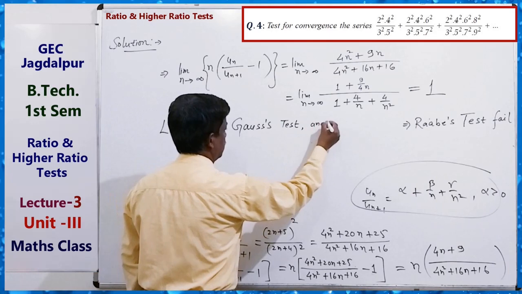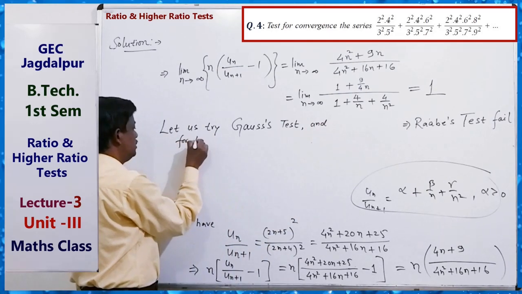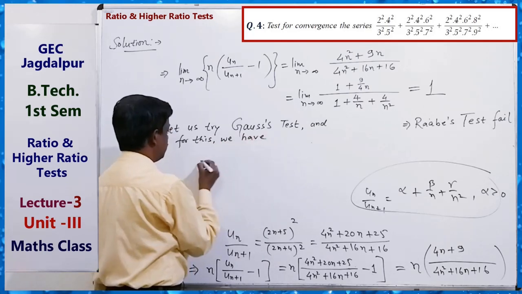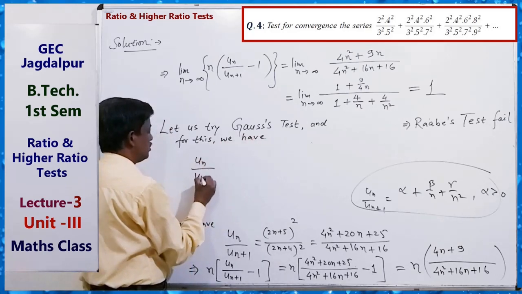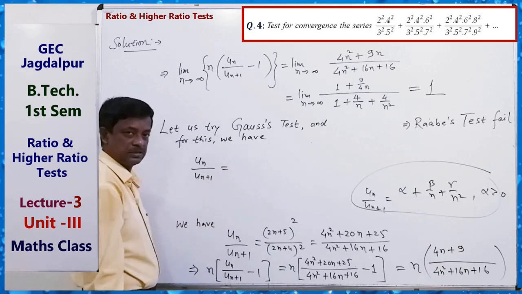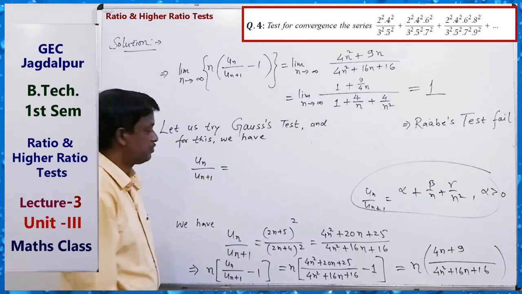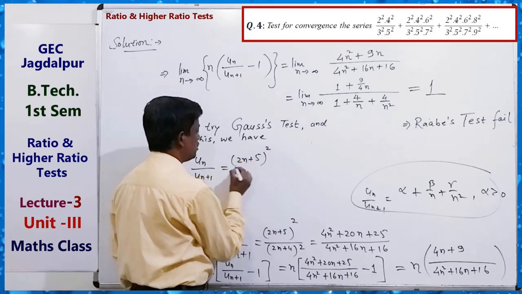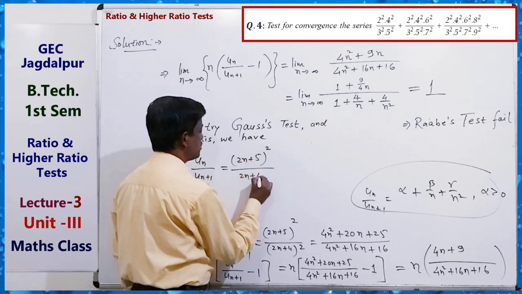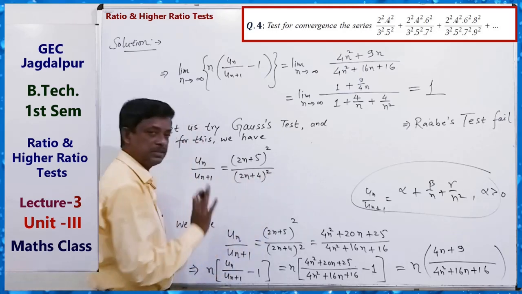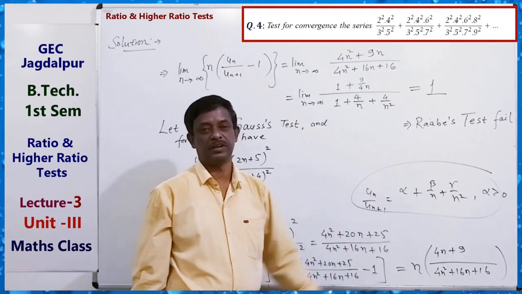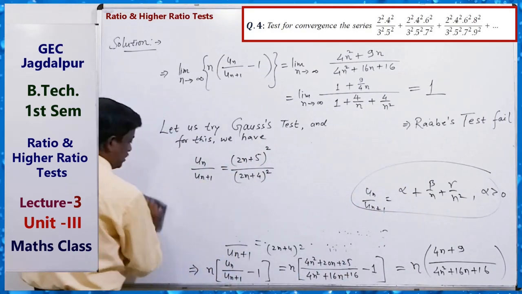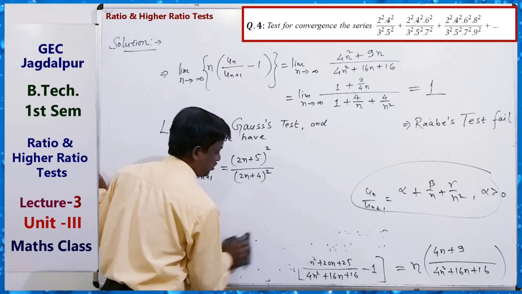For this, we have un upon un plus 1 equals this: 2n plus 5 square upon 2n plus 4 square. Just we have this. Now we are trying to write it in this format. Clear? So let us try to write in this format.